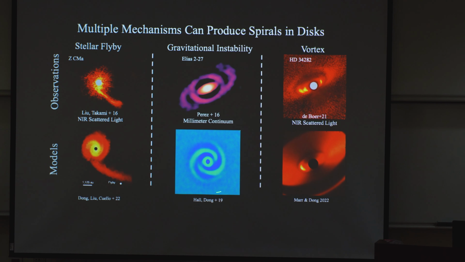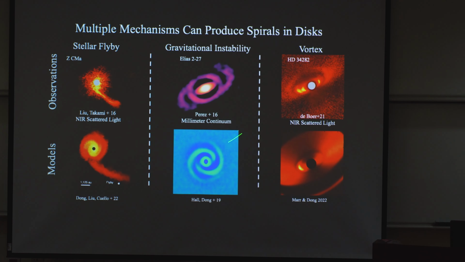And this one is a scattered light image of a disk called HD 34282. This one has a couple of rings, and then on this side, there is a little 1-arm spiral, a little hook-shaped structure. The bottom panel shows a synthetic observation in which the disk has a vortex. In inclined disks, a vortex could look like a small 1-arm spiral.